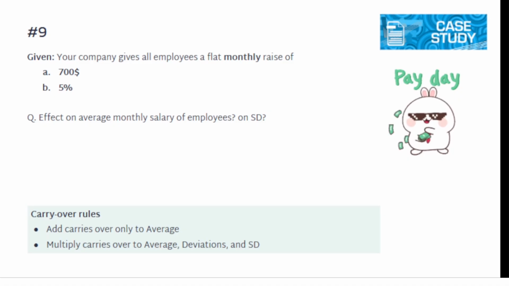So this is the carryover rule for multiplication. What happens to the average of the overall salaries of all employees? Yes, the average is increased by 5%. How about the standard deviation? The standard deviation of the salaries will also be increased by the same amount, by 5%.